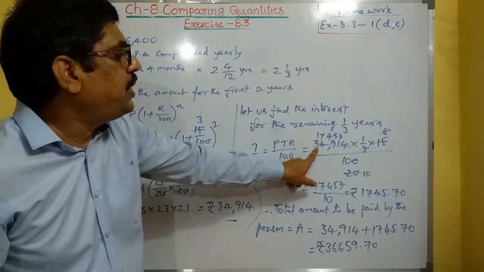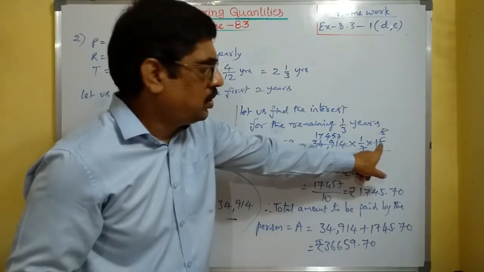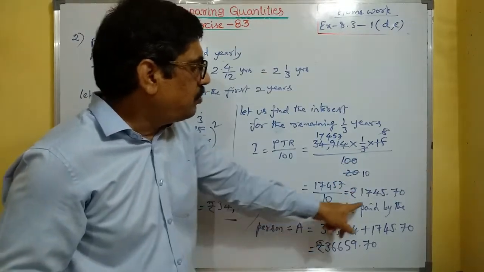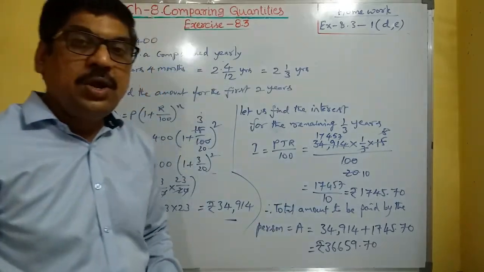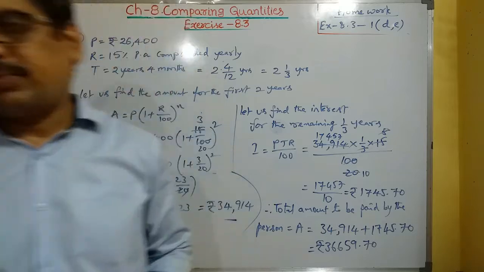This has to be taken as P. Time is 1/3 years. The rate of interest you have to take the same. You should not divide by 3, that is only for compound interest. Now after simplification I got this interest. This amount and this interest have to be added to get the total amount to be paid to clear the debt. Okay, please copy this.